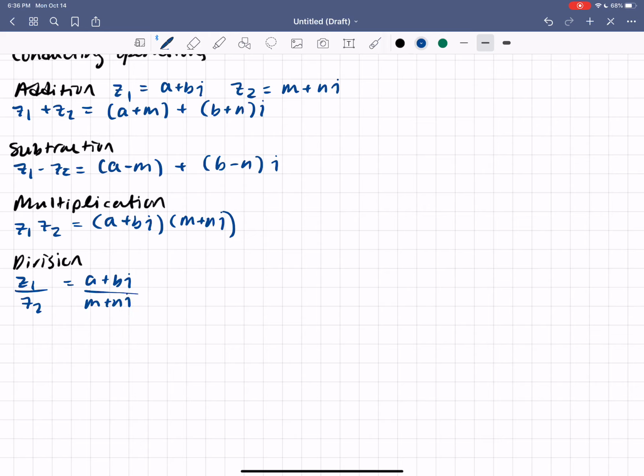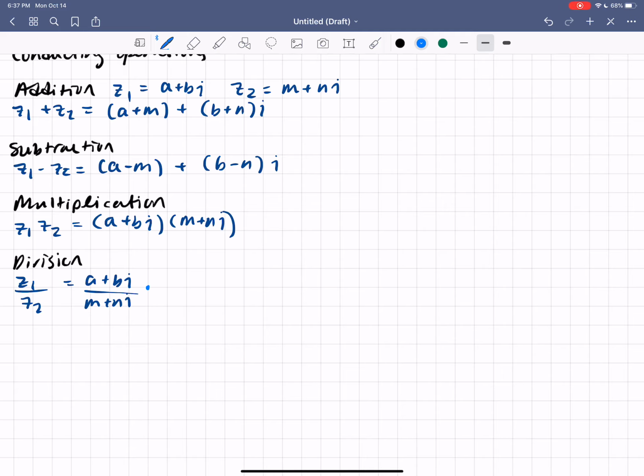But notice, your denominator has a complex number, and that's not very favorable. So what we do to fix this problem is we multiply the fraction by the denominator's conjugate. The conjugate of any number is the binomial with the opposite sign.